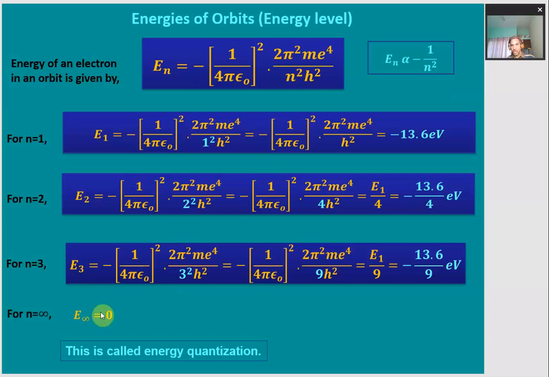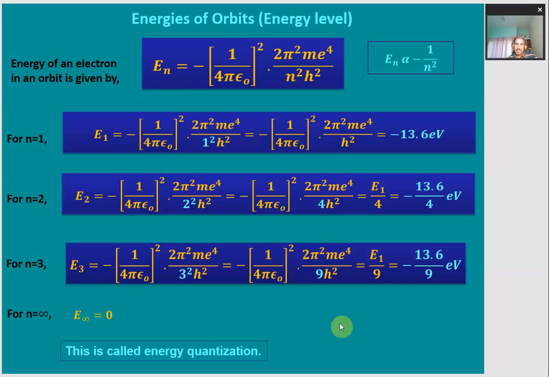Here 0 means the highest energy level, right? So this is called energy quantization, because the electron can lie only in the orbits in which its energy is given by either this or this or this. This is called energy quantization.